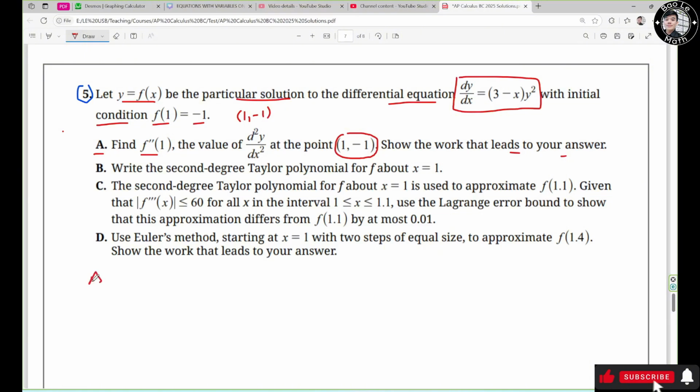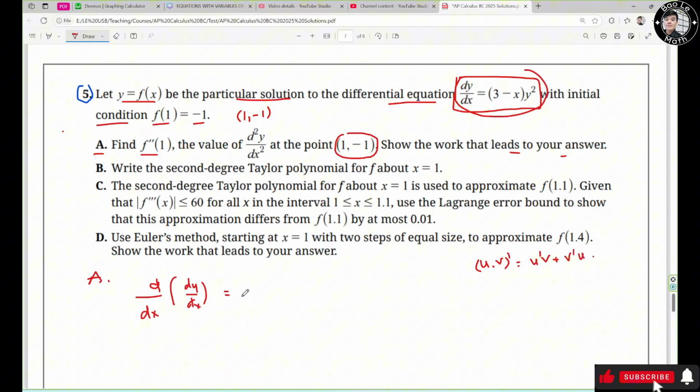Alright, so question A. This is the first derivative. Now, for the second derivative, we take the derivative of this one more time. So we have d/ds of dy/ds. We're going to use the product rule: u times v is u prime v plus v prime u.